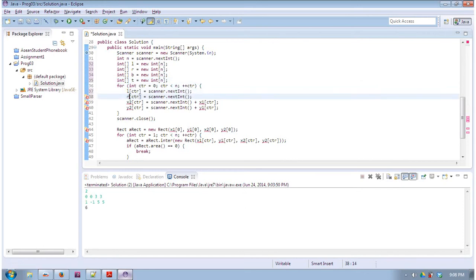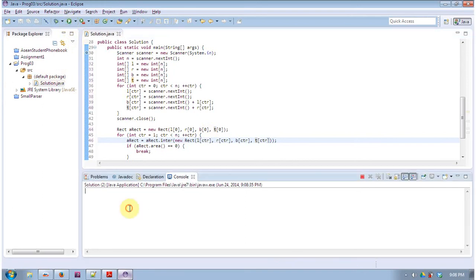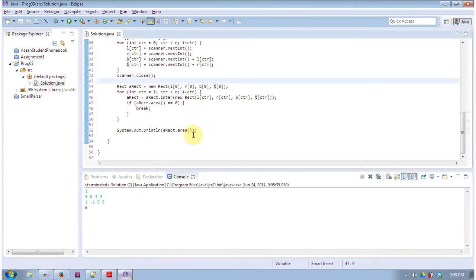L, R, B, T. Okay, so let's run it. So the answer is more or less still the same.